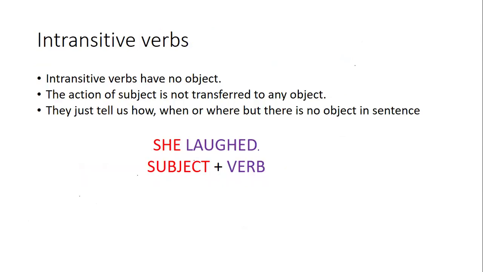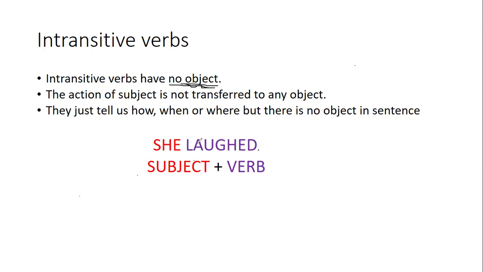Let's see what are intransitive verbs. Intransitive verbs, why in? Because it shows that something is missing. So here, we don't have an object at all. They do not have an object. For example, she laughed. She is the subject. Laughed is the verb, right? So the action of the subject is not transferred to any object.